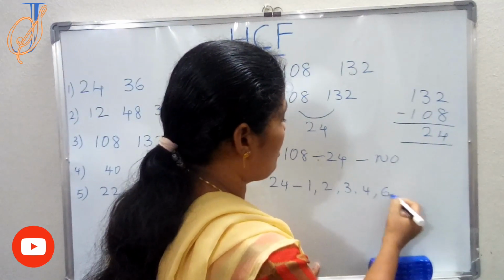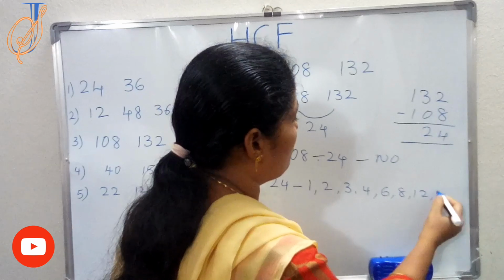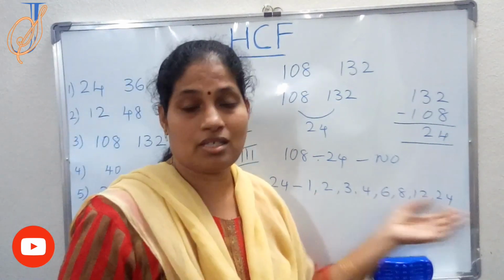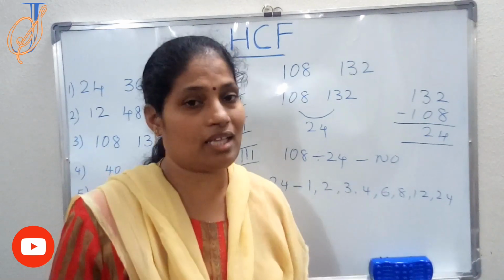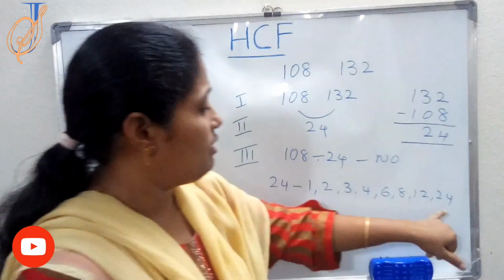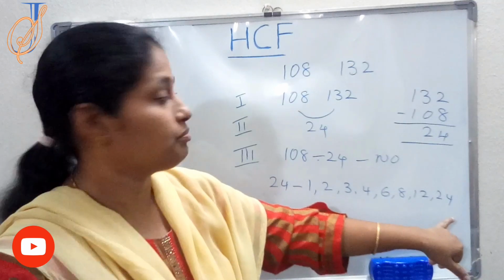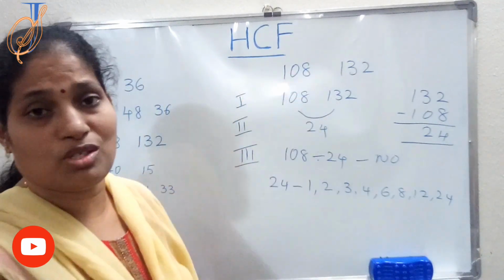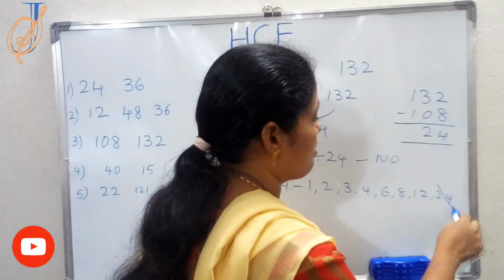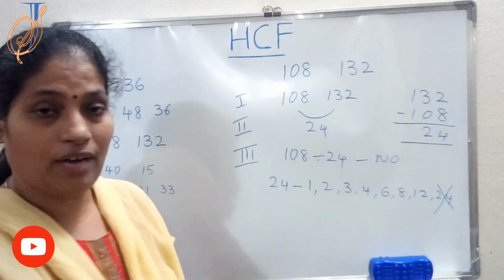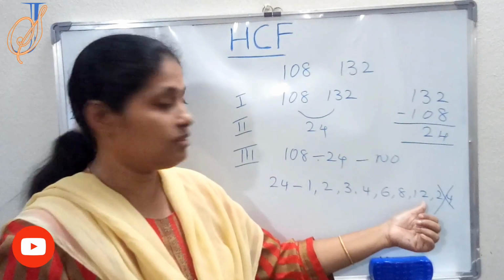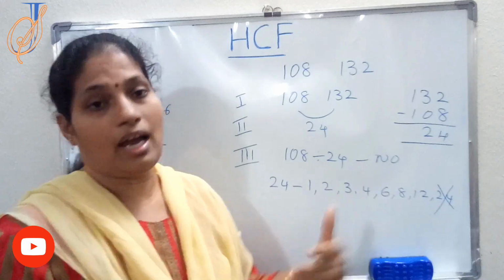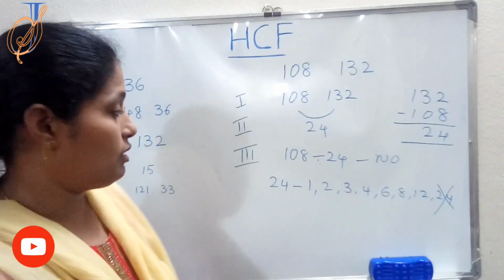Then 6, 8, 12, 24. So among these numbers, the highest number is our HCF. Let's say 24 is the highest number, but 24 is not divisible by these numbers, so you should not take this, and we have to take another highest number, which is 12 here, and check the divisibility.